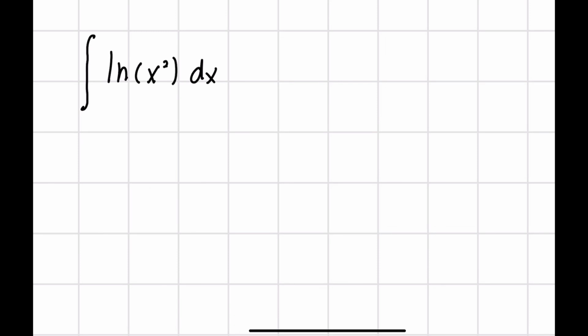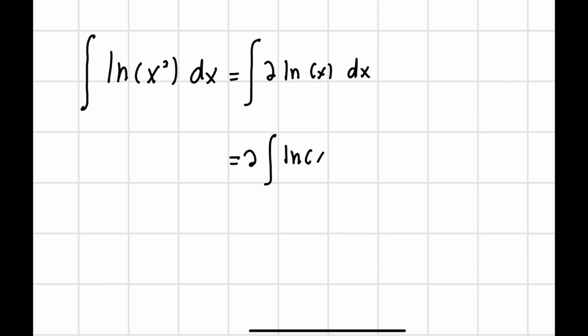In our next example, to solve for the integral of ln x squared, it can be rewritten as the integral of 2 times ln x. And we could factor the 2 out of the integral. So we have the integral of ln x.